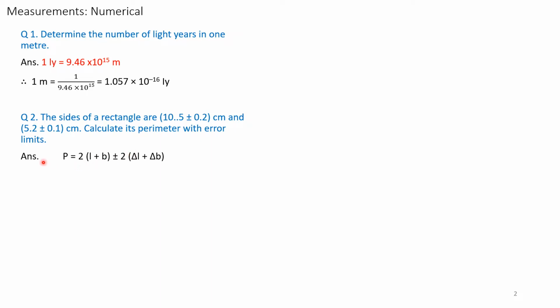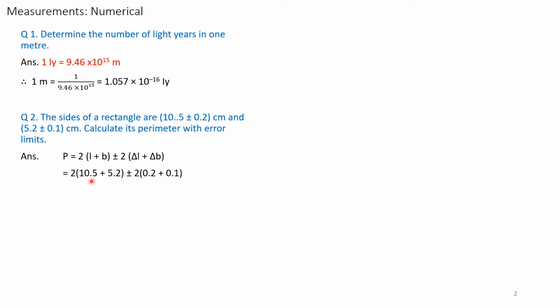So we know perimeter is equal to twice of length plus breadth, that is 2 into L plus B, plus or minus. The error is also 2 into delta L plus delta B. Here L is 10.5 and breadth is 5.2. And error delta L is equal to 0.2 in the first case and delta B in the breadth is 0.1 centimeter.